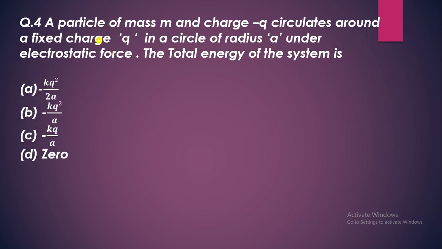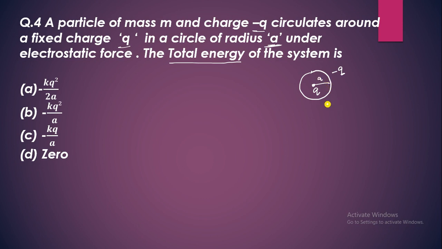Next question. A particle of mass m and charge minus q circulates around a fixed charge q in a circle of radius a under electrostatic force. What is the total energy of this system? Note, total energy, not potential energy. Write down this. Along a circular path, charge minus q moves around charge q. The radius of this circular path is a.